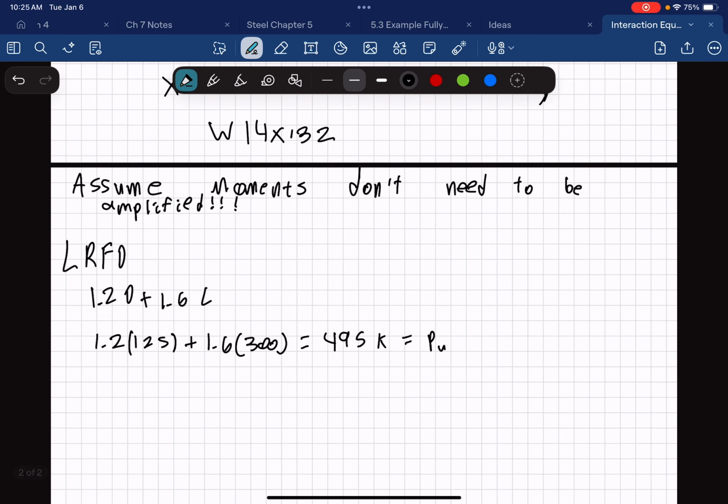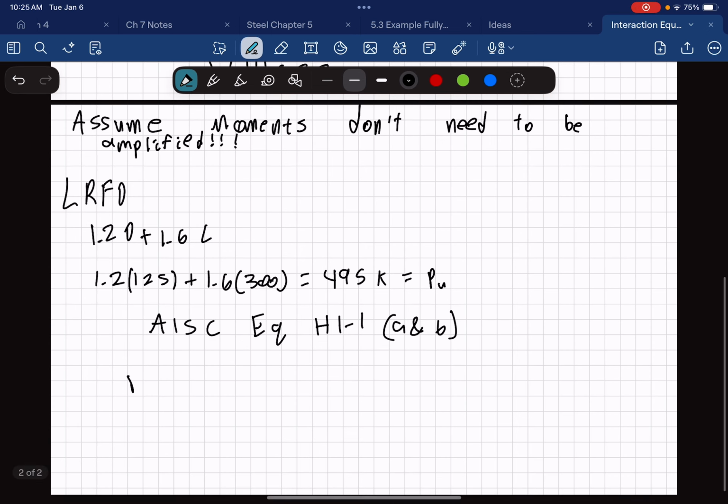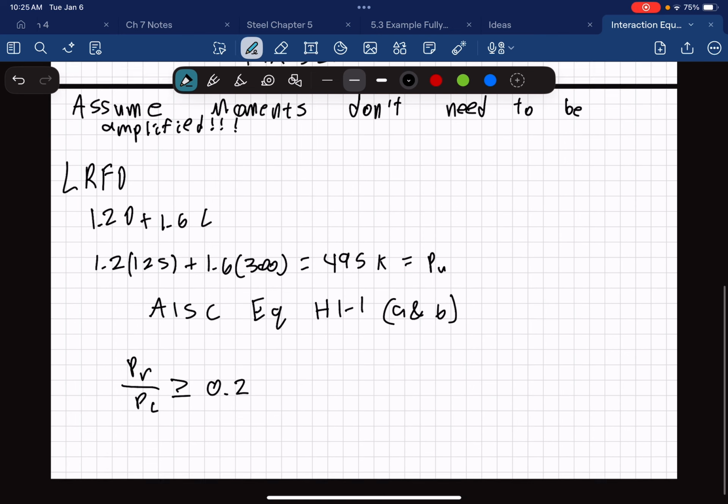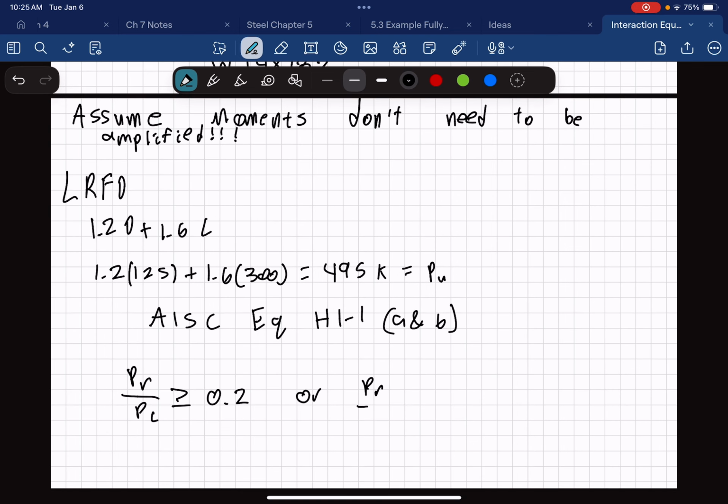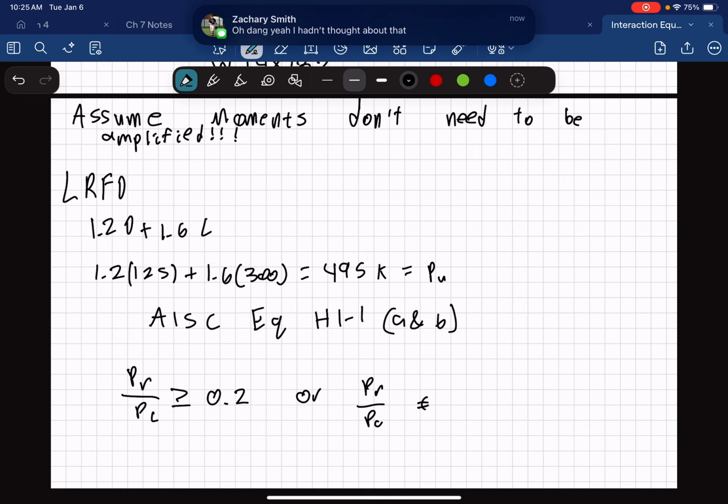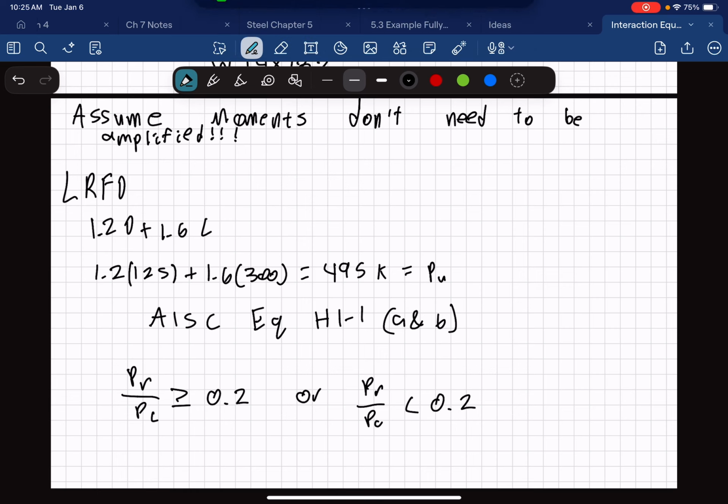Now with this information, we can look at the first part of this equation. We're following AISC equation H1-1 parts A and B. It depends on whether Pr over Pc is greater than or equal to 0.2, which gives us one equation, or Pr over Pc is less than 0.2, in which case we use a separate equation.